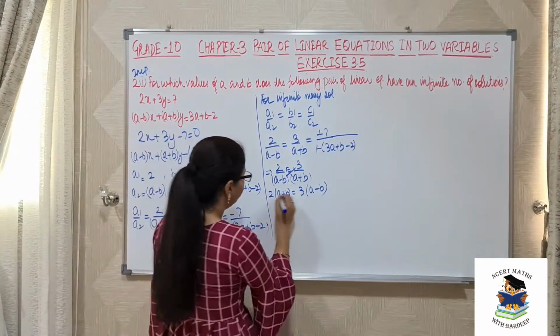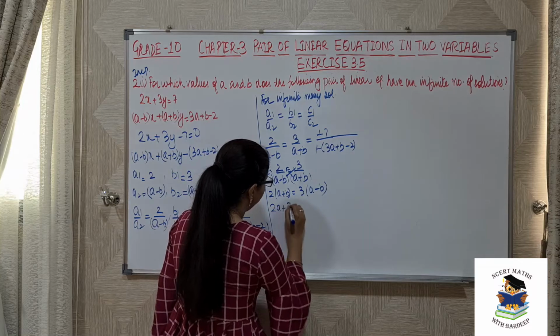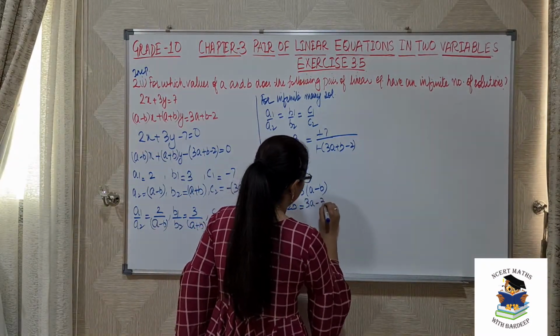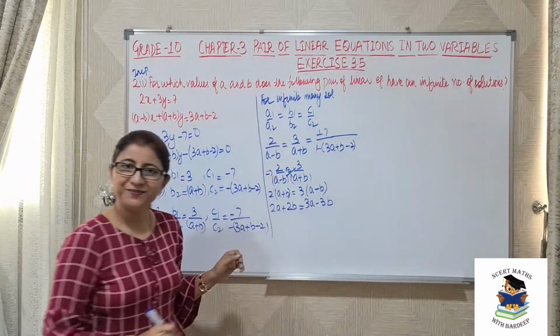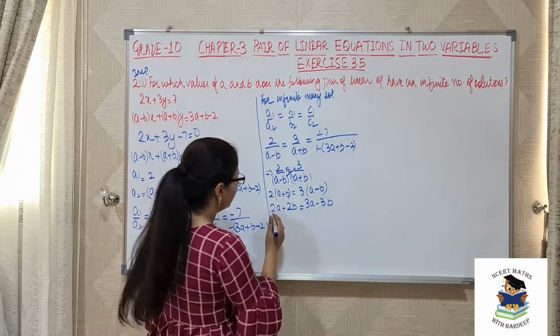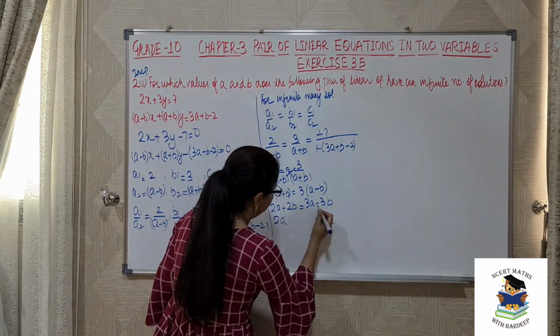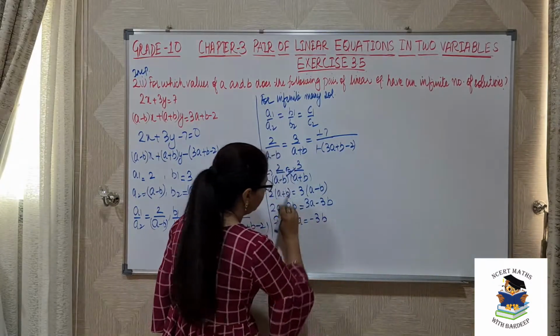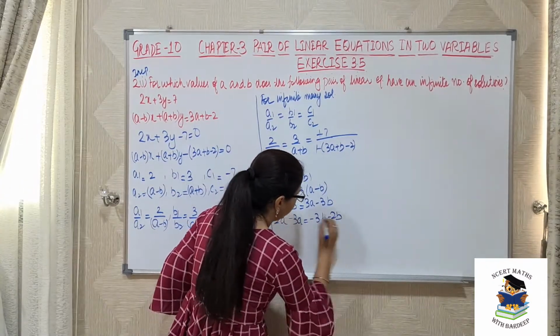So now open these brackets, that is 2a plus 2b is equal to 3a minus 3b. Right? Shift a term to one side and b term to the other side. So 2a, this 3a will be negative on this side. So minus 3b, this 2b also goes to the other side with negative sign.